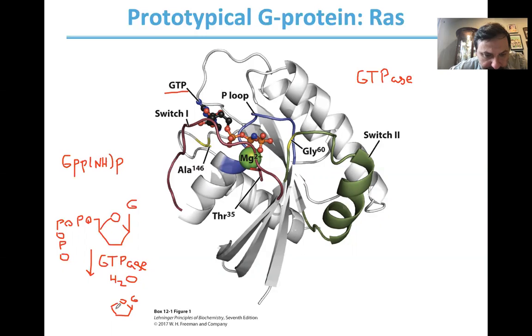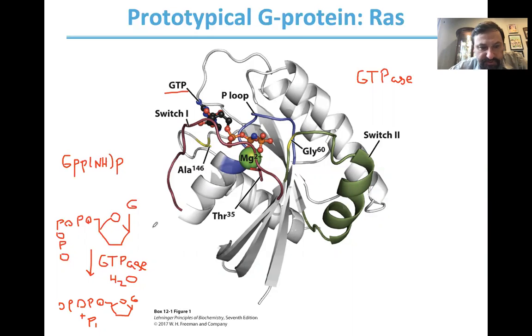G, and then you have oxygen, phosphorus, oxygen, phosphorus, oxygen, plus inorganic phosphate, plus Pi, right? Does this make sense?